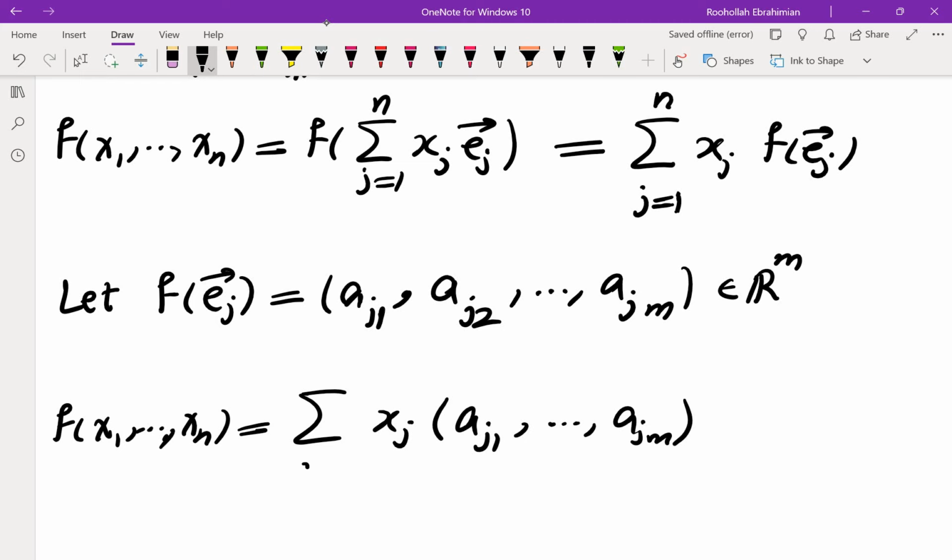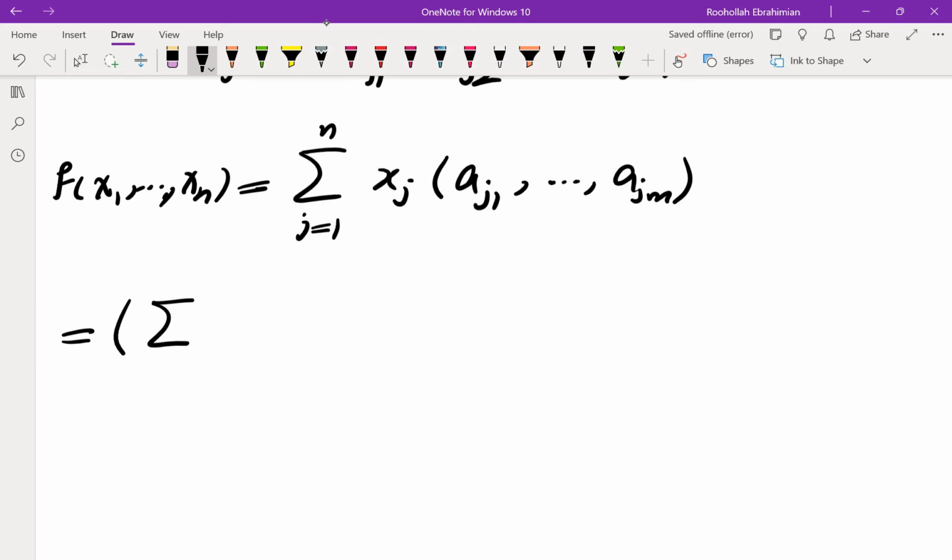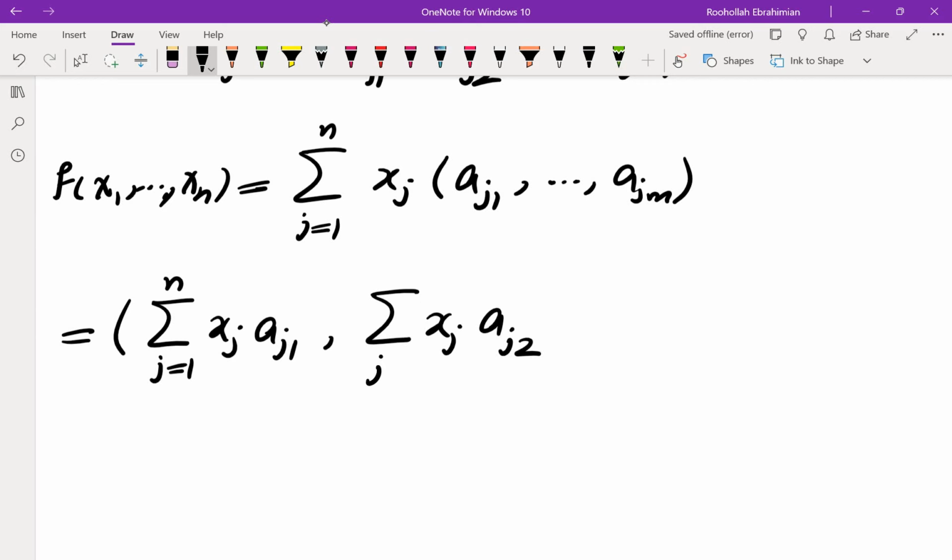Now if I combine the coordinates, the first coordinate becomes the sum xj aj1, j equals 1 to n. The second coordinate is the sum xj aj2, j equals 1 to n, etc. And the last one is the sum xj ajm, j equals 1 to n.